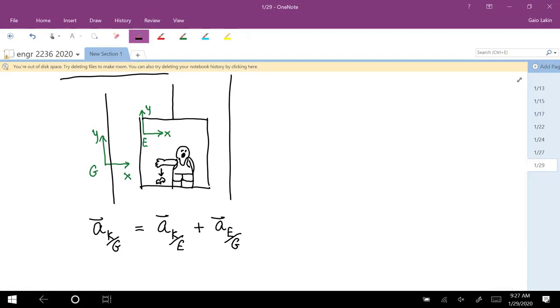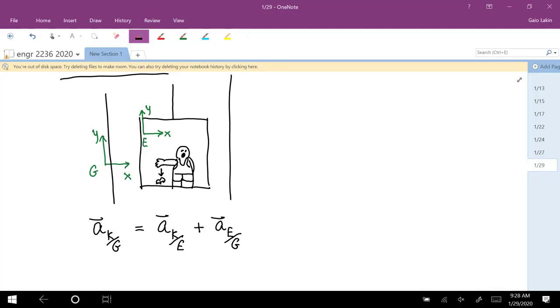Almost always in these kinds of problems, there's the ground, some kind of fixed coordinate system, and then there's some vehicle or some object moving, and then something moving relative to that vehicle. If you set it up so the term that's by itself is the motion of the object relative to the ground, it works out pretty easily.